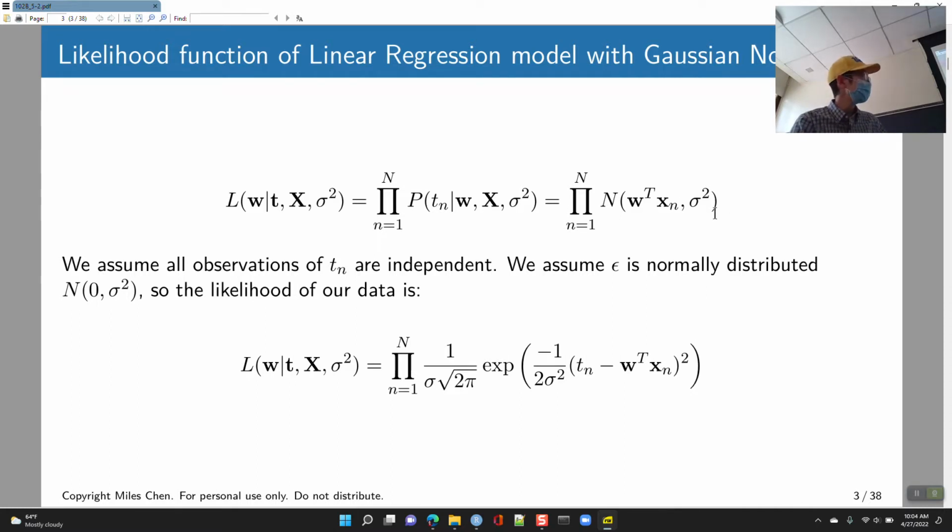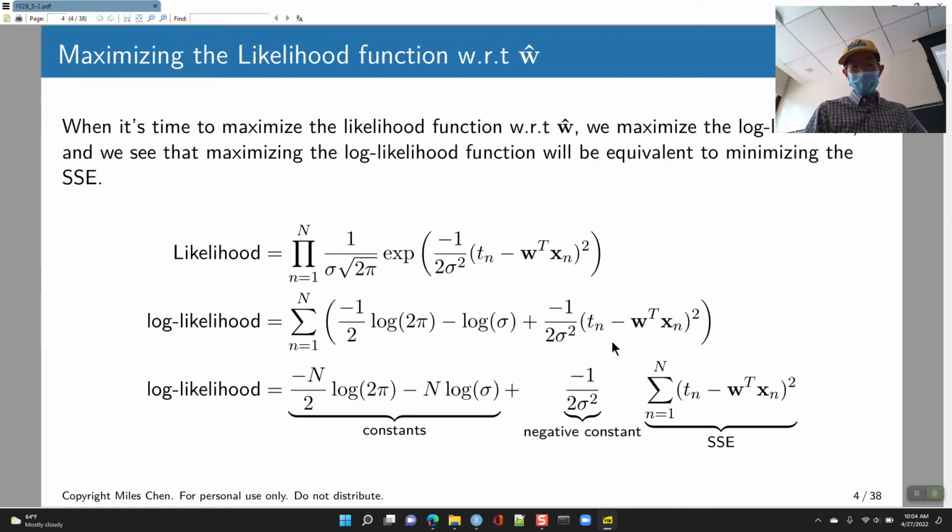If the random noise can be modeled with a Gaussian distribution, then the total likelihood is the product of all of these Gaussian densities.